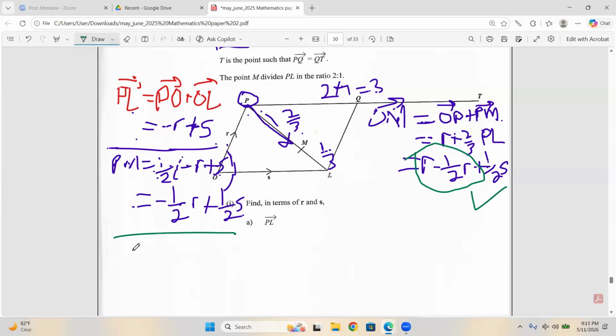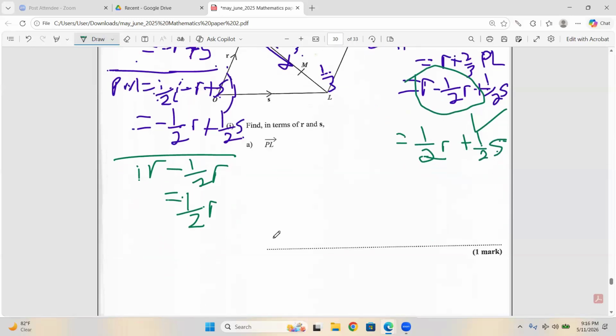We have R, which is 1R, minus a half R. Both of them are like terms, and 1 take away a half is a half, so it will be positive a half R. If they say to simplify, simplify. If they don't say to simplify, you don't have to. Plus 1 half S.